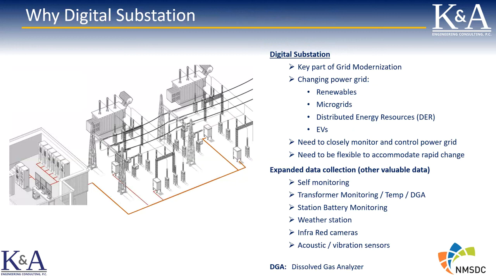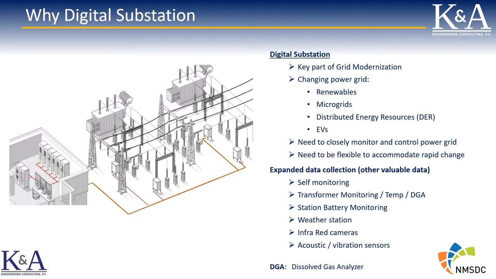One other important factor is the changing power grid. The power grid is being modified very rapidly by the connection of renewable power sources, by the proliferation of microgrids, installation of distributed energy resources, and electric vehicles.